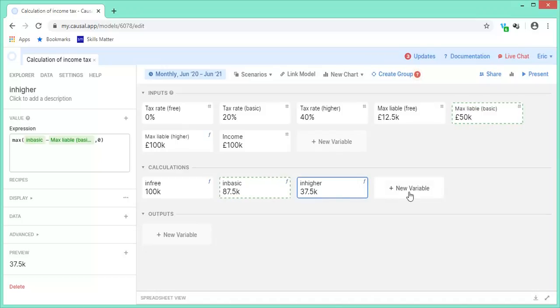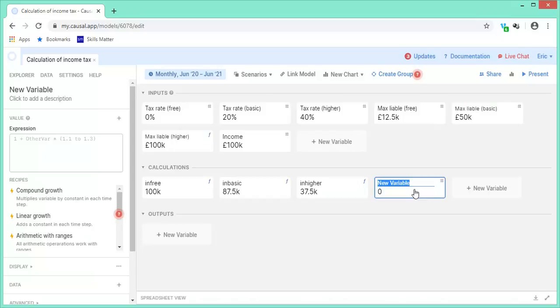Okay. So now that we've done that, we can now calculate how much of the income is liable for each band. So we'll start with this liable. So how much personal allowance do they have?